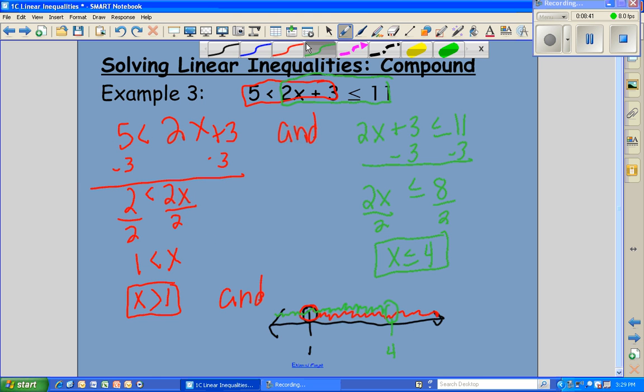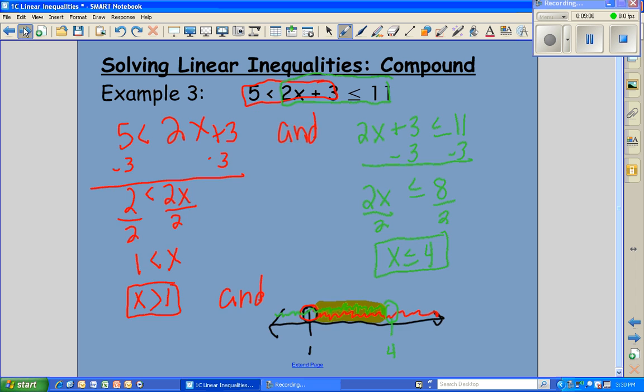So we are concerned where both of these things are happening, which would be right here in between the 1 and the 4. So 1 is not an answer, 4 cannot be an answer, but 1.2 would work, 3 would work, 6 would not work because it's not less than 4. So you have to be in there, anywhere in between 1 and 4 would be the answers you're looking for, for example, 3.